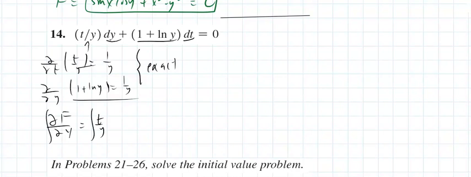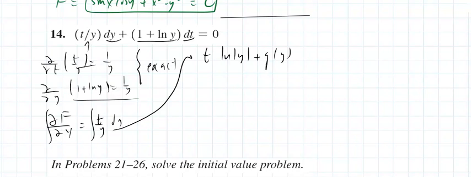I'm doing a partial derivative with respect to y. So with respect to y, t is a constant, that's natural log of absolute value of y plus a function of t. That is what f equals.